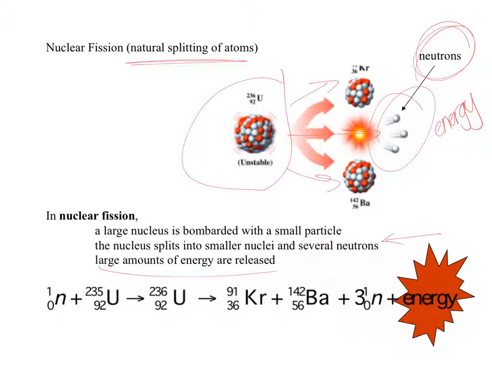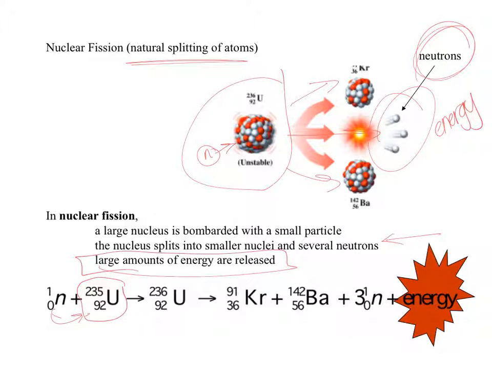And here's the kicker, guys. Large amounts of energy are released. Insanely large amounts of energy. So for instance, I don't actually do this in my home, but with uranium-235, you bombard it, take a tiny neutron at a very, very high speed, and hit this crazy unstable uranium-235 or 236, and it splits apart.